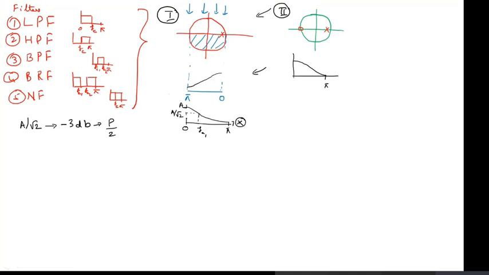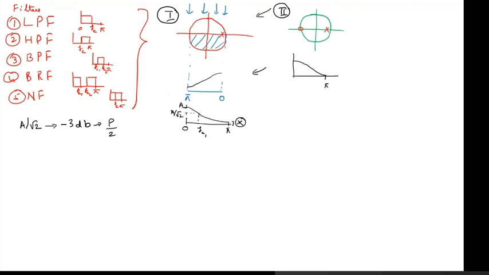Both are low pass filters. But the problem over here is that due to the natural properties of the poles and the zeros, depending upon the position of this pole, you will be getting the cutoff.